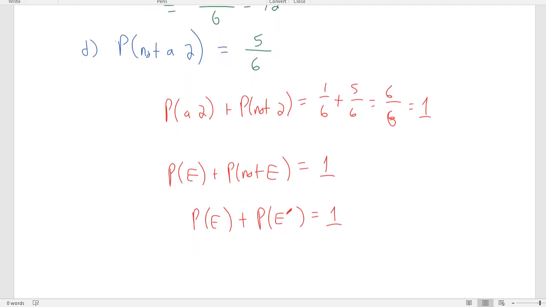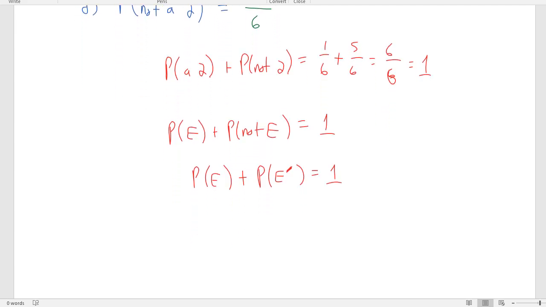Now also in some textbooks you'll see them do this in a particular manipulated version, if you will. Algebraically, if I'm looking for the probability of E, I could take this term here and subtract it to the other side. So I could say the probability of E is 1 minus the probability of not E. Or if I solve for this term, I could take this one and subtract to the other side.